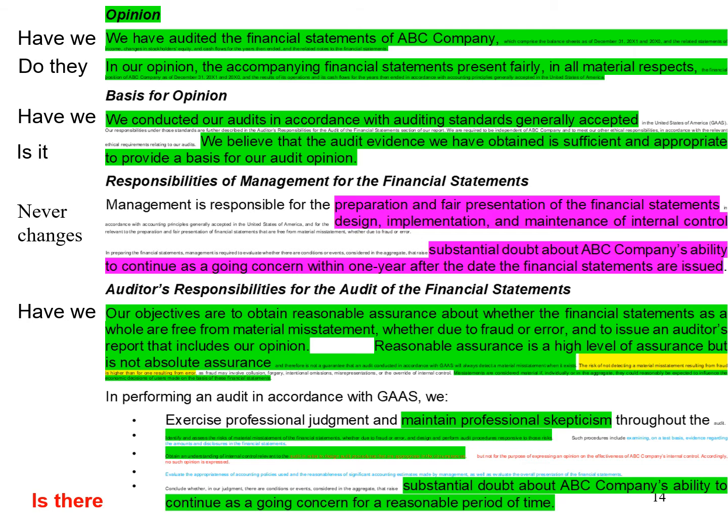Did we conduct our audit in accordance with auditing standards? Yes. Do we believe the evidence we have is sufficient and appropriate to provide a basis for our opinion? Yes. Do we have reasonable assurance the financial statements are free of material misstatement? Yes. But we have substantial doubt about the company's ability to continue as a going concern.